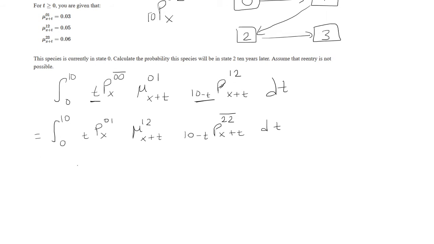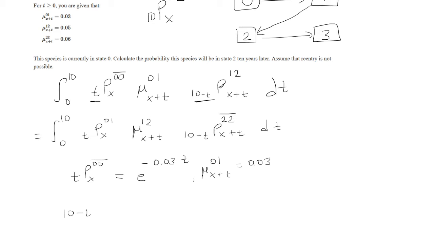Let's start off with the easy one. I'm going to start in state 0, end at state 0. That's just going to be e to the negative 0.03t. Now the force of transition from state 0 to state 1 is 0.03.